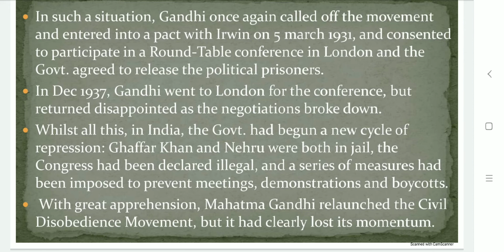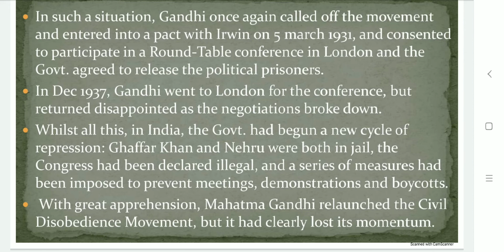Second phase started after second roundtable conference. In December 1931, Gandhi went to London for the conference but returned disappointed as negotiations broke down. In India, government began a new cycle of repression.